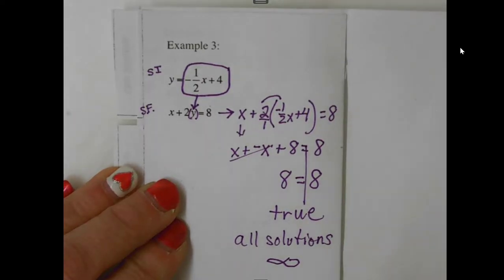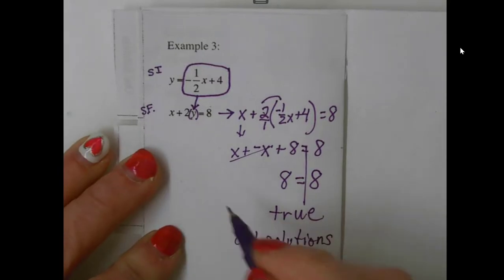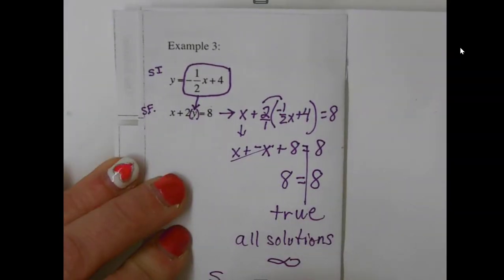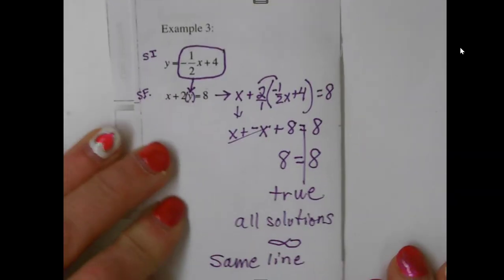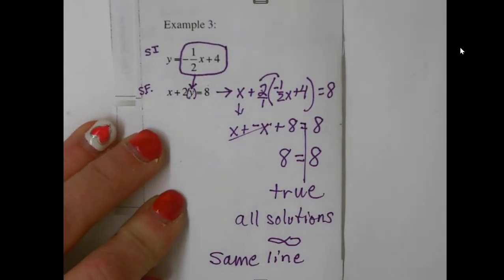So again, from the graphing, and this is why we did the graphing first, these two lines would end up being the same line. When you use Desmos, they'll end up being right on top of each other, the same exact line. Okay, go ahead and glue that into your notebook.